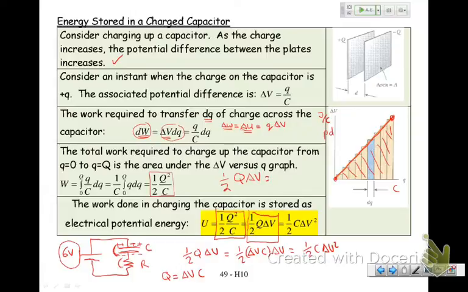Okay, let's substitute in for delta V. 1/2 times, rather than delta V, I'm going to put Q over C, times Q, which equals 1/2 Q squared over C. So these three equations are all saying the same thing.